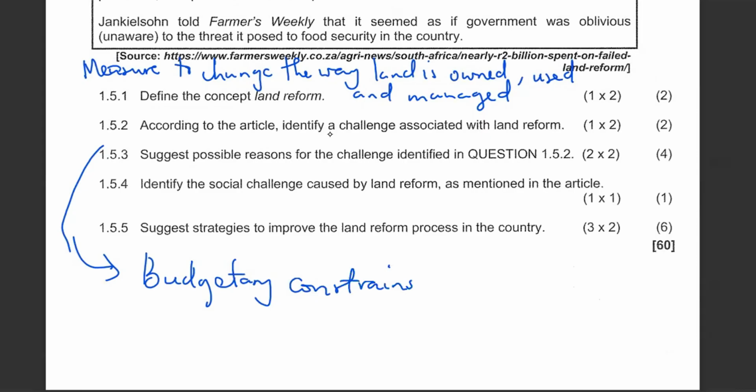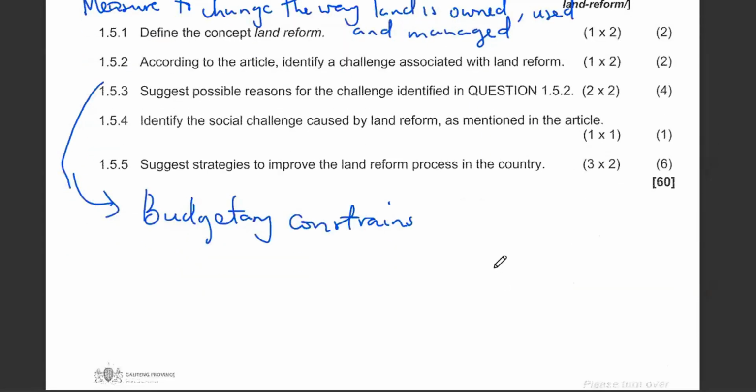We have problems with the budget on the side of the government and on the side of individuals. The government might not have enough money to fund the farmers to do productive farming, and hence they cannot use that land productively.